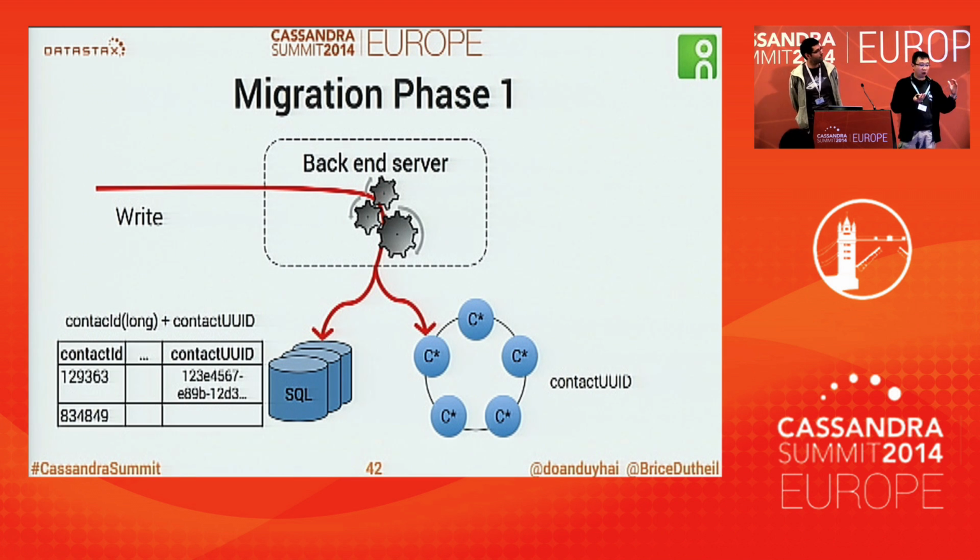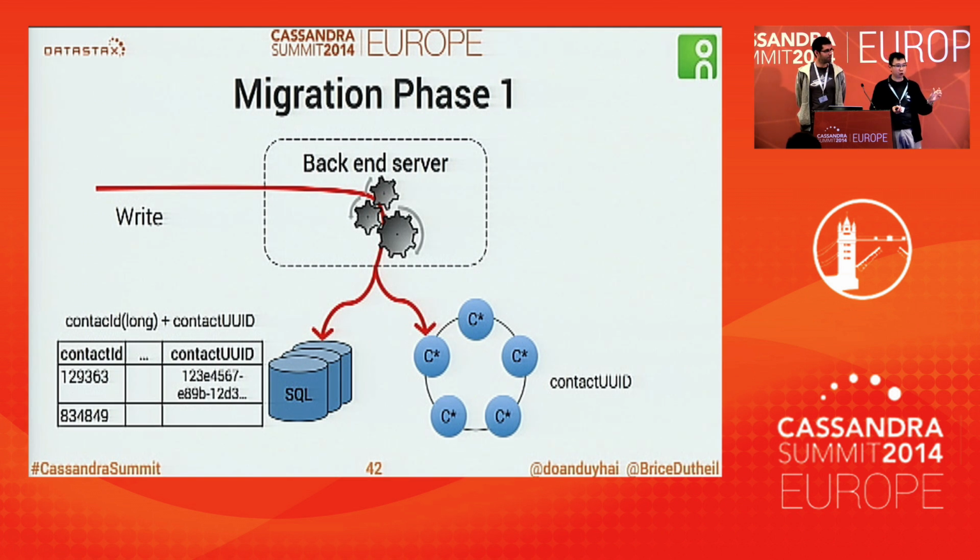Here, all the new contacts are created both in Cassandra and in Oracle. We are using a sequence in Oracle to generate the contact ID as a long, okay? And for Cassandra, we generate a time UID. We added a new column in the Oracle table called contact UID, where we store the contact ID generated for Cassandra.